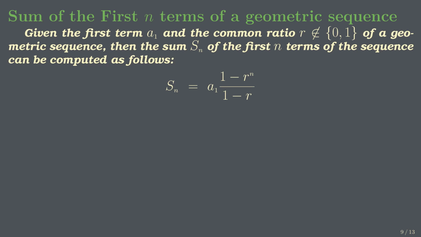Now we can also find the sum of the first n terms of a geometric sequence. So suppose now that you have a geometric sequence with the first term a1 and the common ratio r that you require to be not only different from 0 but also different from 1.